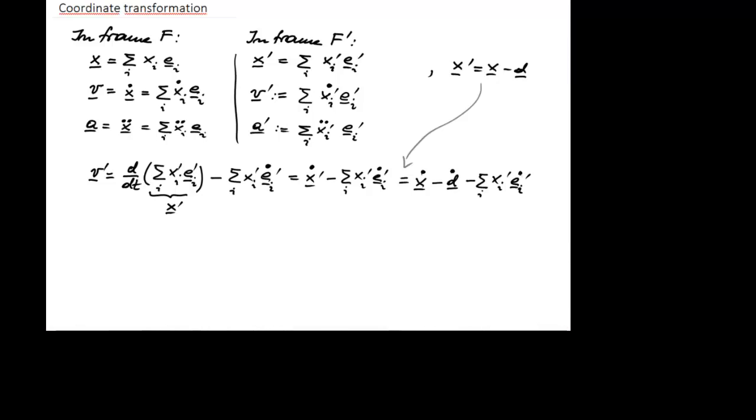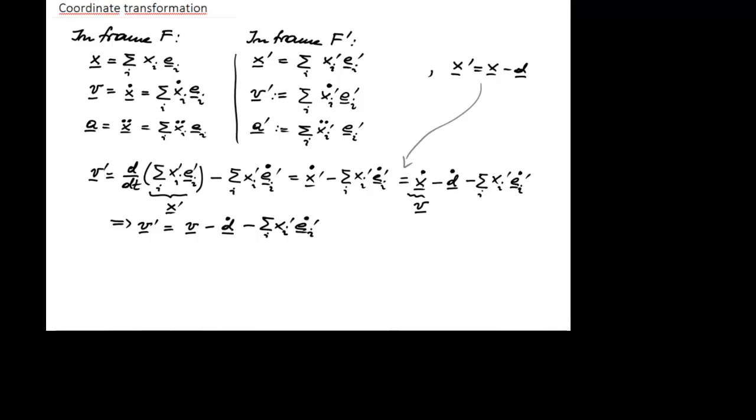And this in turn is by definition equal to the velocity in my frame. So we get a transformation law that says the velocity that my colleague sees is equal to my velocity minus d dot. So that's the velocity of the distance vector between the two of us. Minus the sum over i of xi prime ei prime dot.